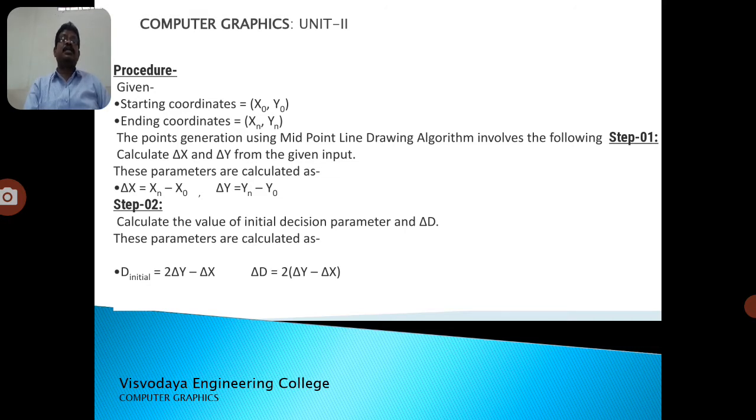So identify the difference between the d initial and the delta d value. Previously we found the decision parameter pk, and here we find the d initial value and the delta d value. In the DDA algorithm we find the slope value m. So identify the changes between DDA, Bresenham's and this midpoint algorithm.